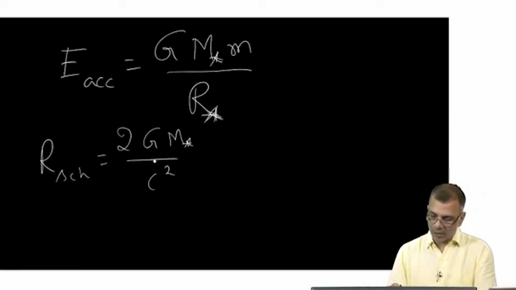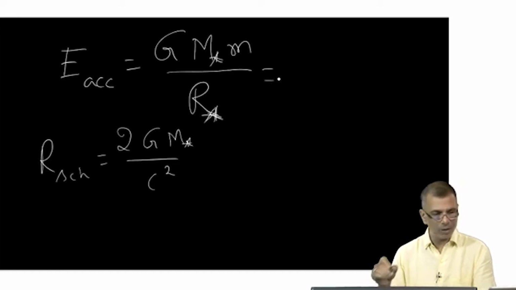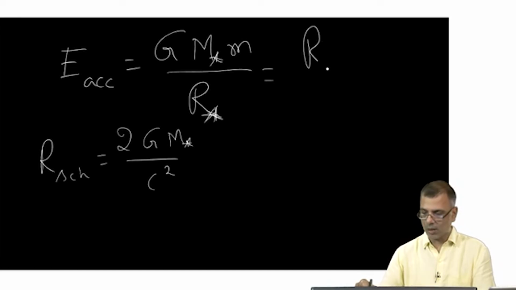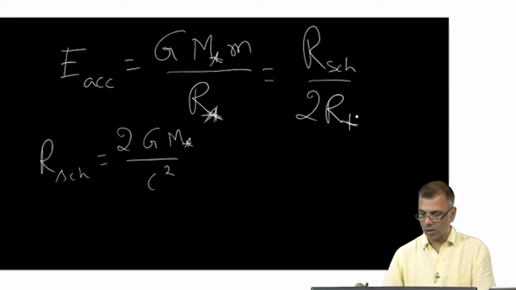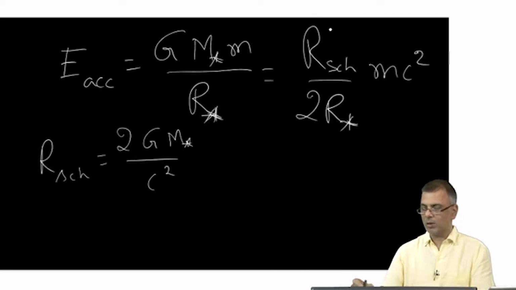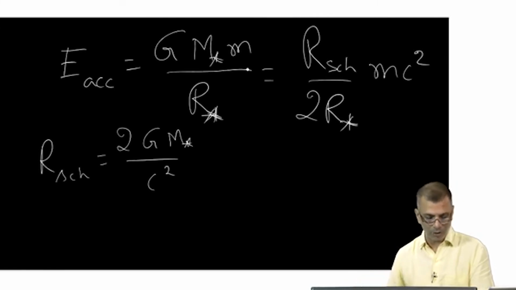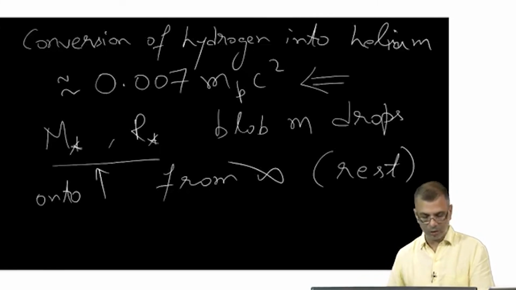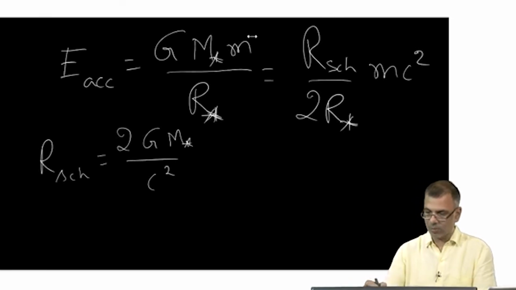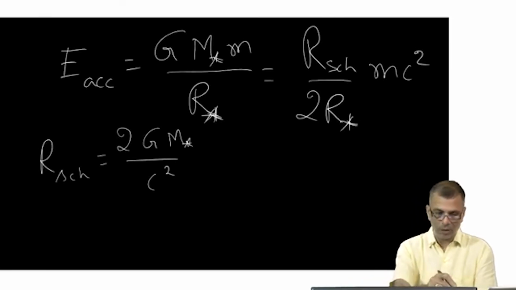Now it turns out that in units of this radius, this becomes r Schwarzschild over 2 r star, times m c squared. So you really should be comparing this one with 0.007. This mc squared is the same as the mp c squared that you saw here. Let me write this as mp.